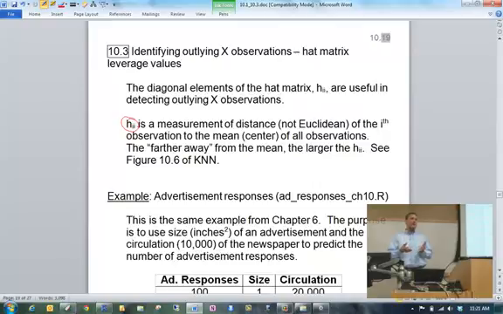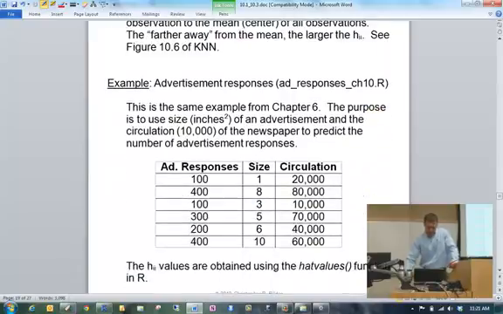The larger the value, the farther away it is from the mean. The lowest possible value for h_ii is actually 0. So the farther from 0 in the positive direction, the farther the observation is from the center of all your predictor variable values.